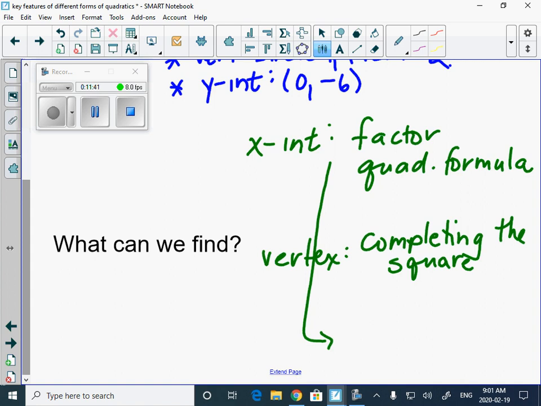So once you have these, we can average the x-intercepts and substitute that value in and find the matching y value for the vertex. So everything is findable, but some things are more obvious depending on the form of the quadratic that you find. We'll work on an activity where you're gleaning all of that information.